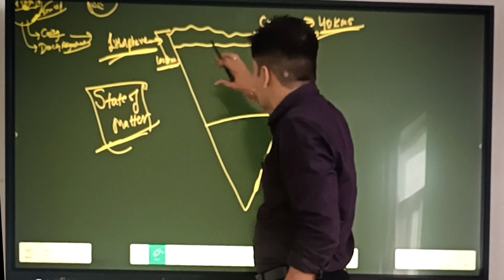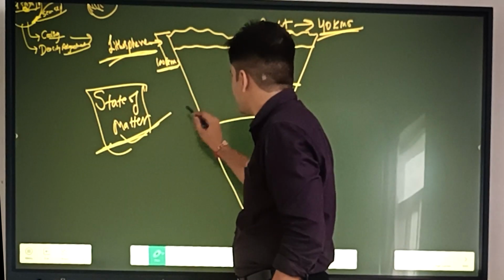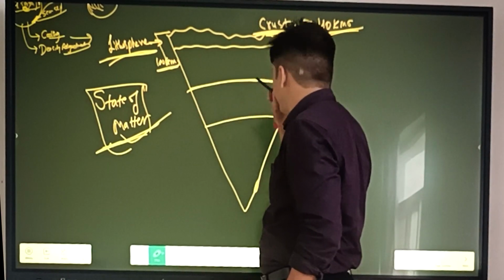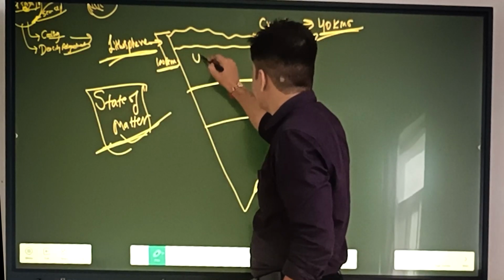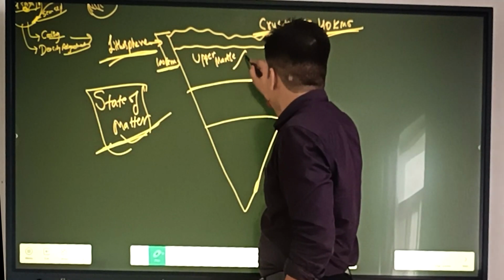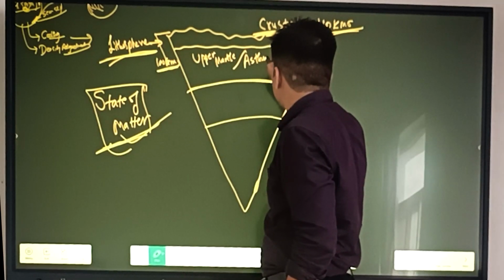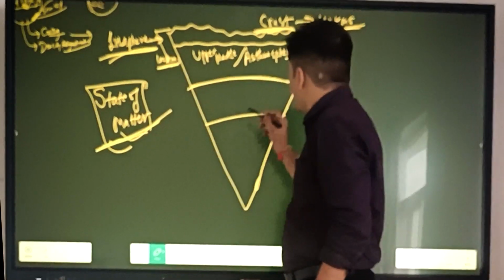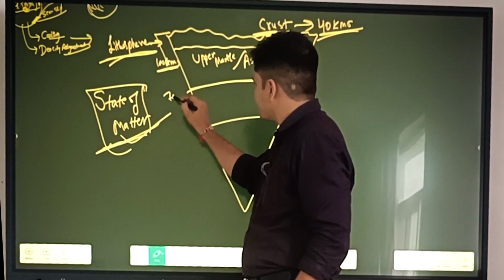Then we have the mantle, but this model says the mantle is also separated into two parts. The first part is called the upper mantle, also called the asthenosphere, and it is up to the depth of 700 kilometers.